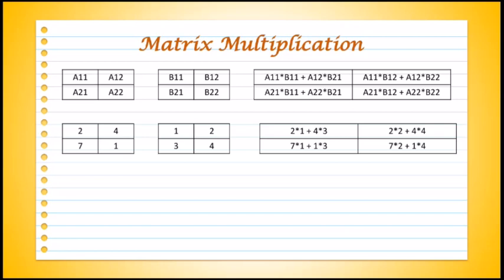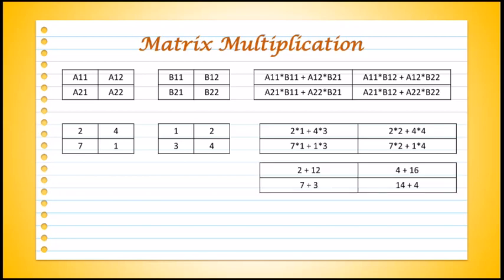Here the first element will be 2 into 1 plus 4 into 3. The second element will be 2 into 2 plus 4 into 4. The next will be 7 into 1 plus 1 into 3, and the last element will be 7 into 2 plus 1 into 4.